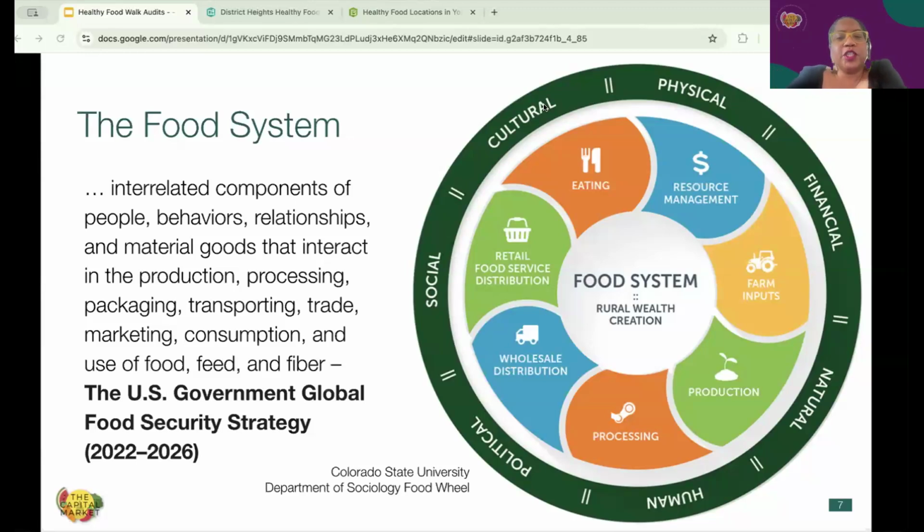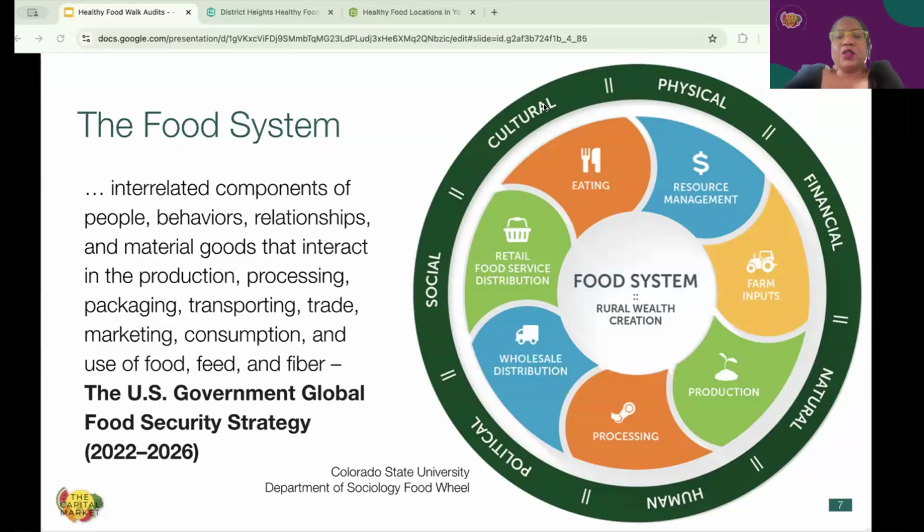The Global Food Security Strategy looks at agriculture and food systems as the intact, whole unit made up of interrelated components of people, behaviors, relationships, and material goods that interact in the production, processing, packaging, transporting, trade, marketing, consumption, and use of food, feed, and fiber through aquaculture, farming, wild fisheries, forestries, and pastoralism.